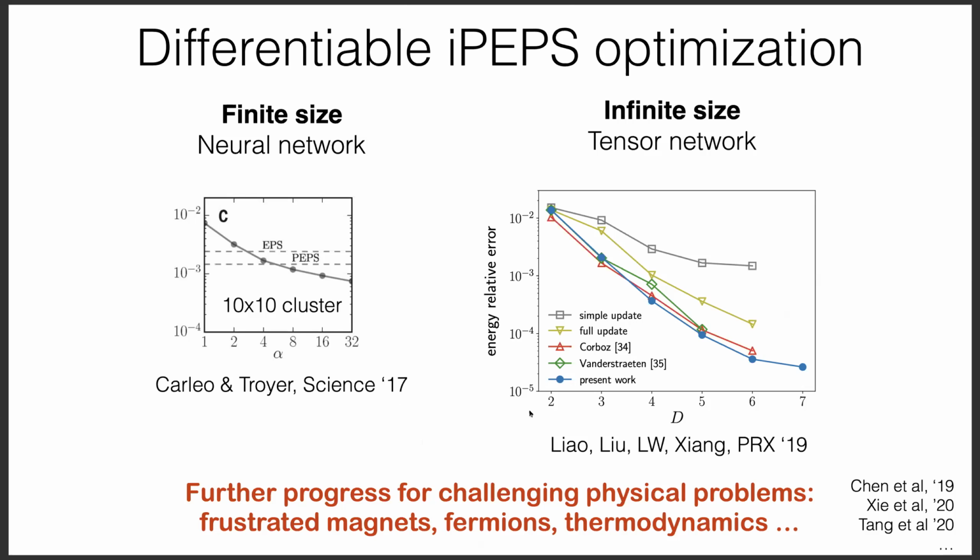In variational Monte Carlo, they also use gradients, by the way, but the gradients are noisy because they are sampled from Monte Carlo sampling. But in tensor network calculation, the gradient is deterministic because the construction is a deterministic algorithm, even though it's an approximated gradient.